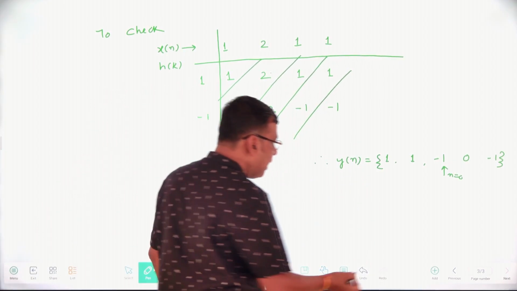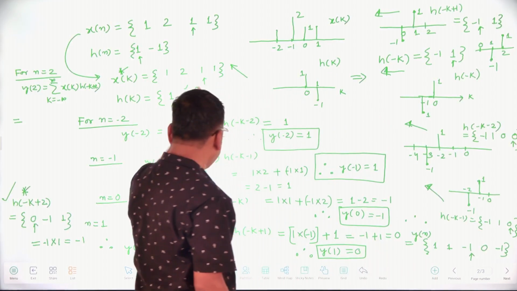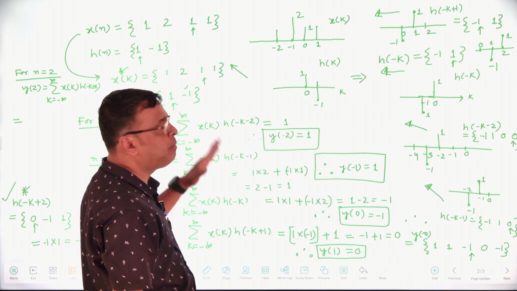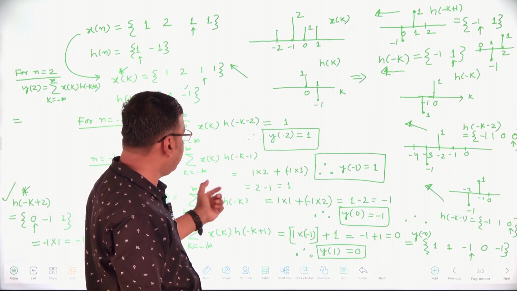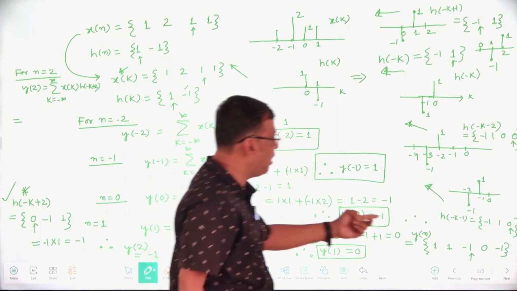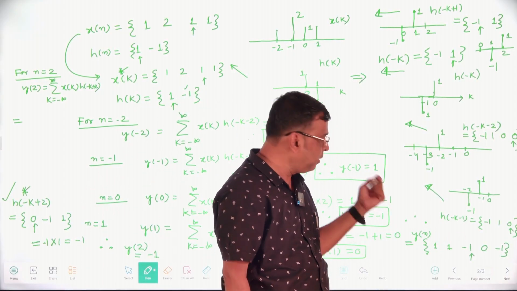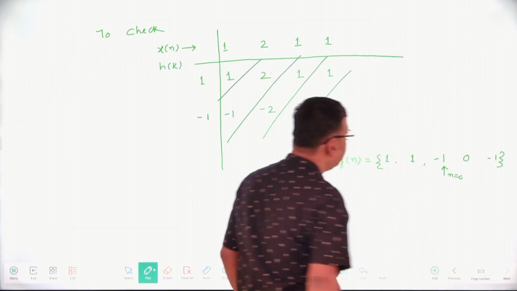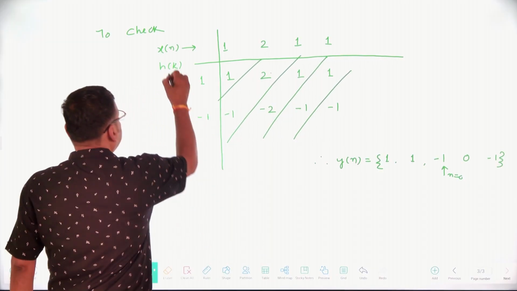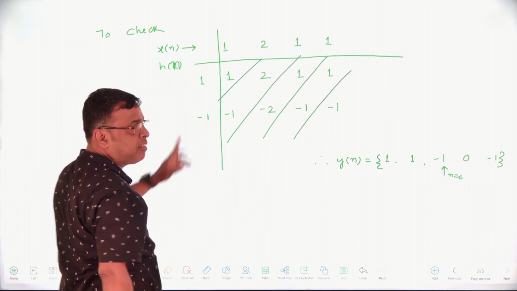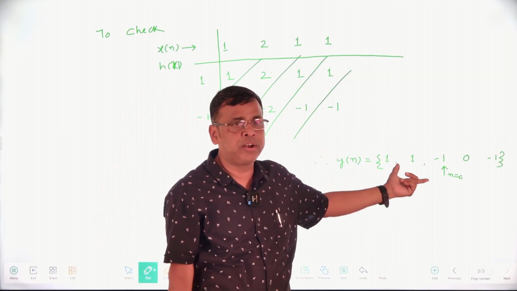If we do the calculation through the procedure of folding, shifting, multiplying, then finally we will get y of n like this. But in 1 second, you can calculate the value of y of n if x of n and h of n are given.